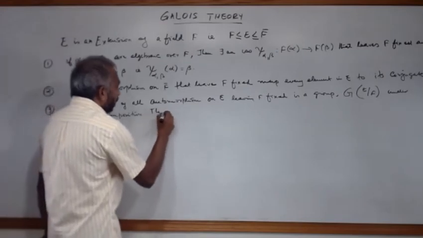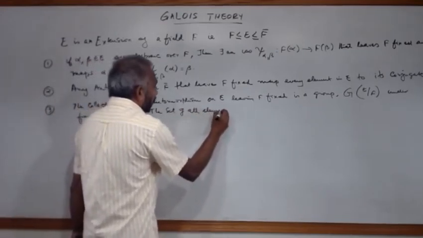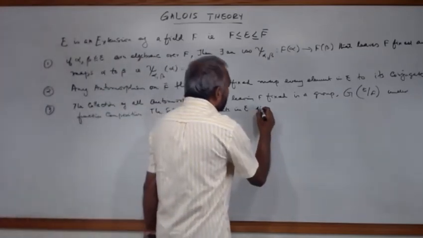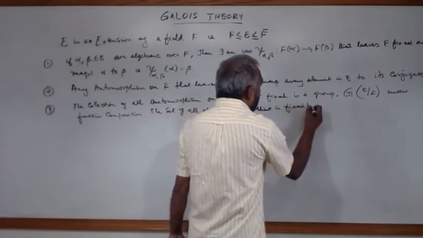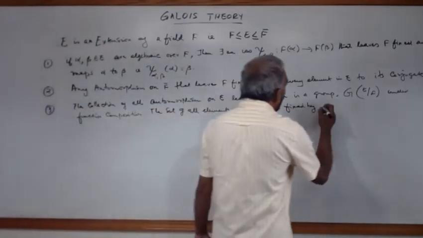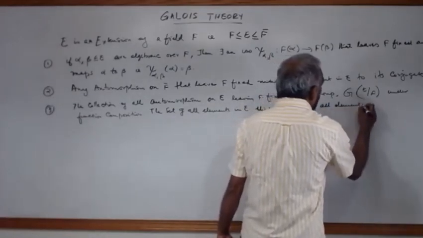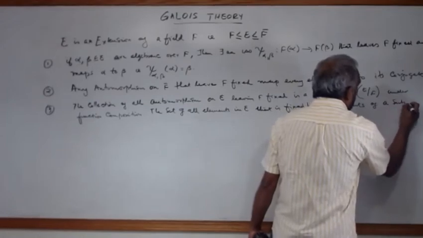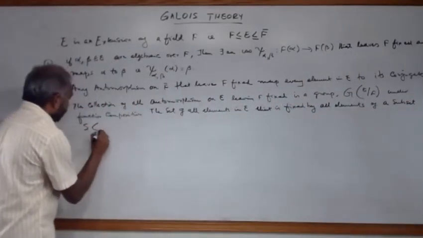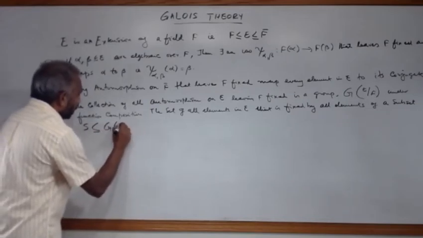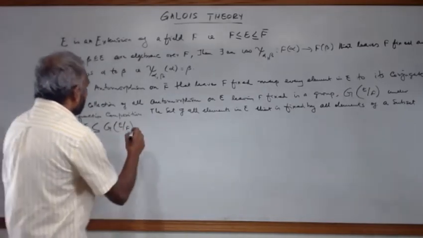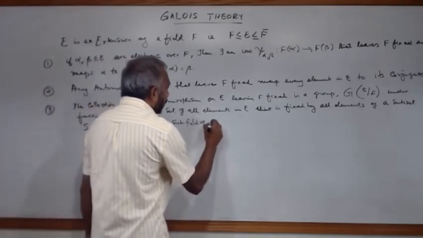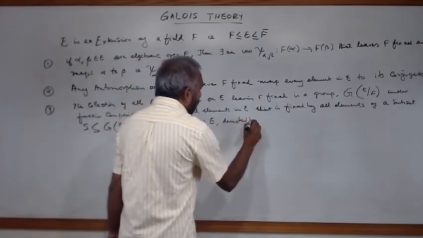Then the set of all elements in E that is fixed by all elements of a subset S of G(E over F) forms a subfield of E denoted by E_S.